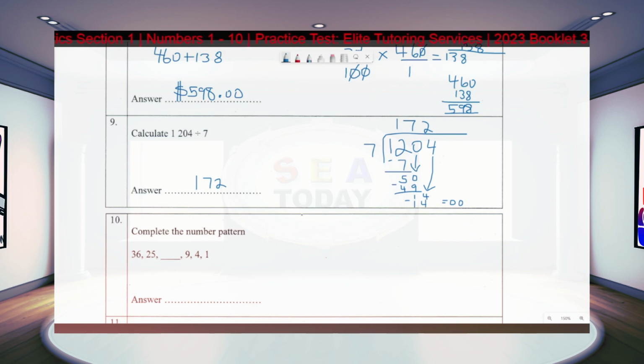And last but not least, number 10 for today, complete the number pattern. 36, 25, 9, 4, 1. So we can check to see how the numbers are increasing or decreasing by. Here we have decreasing values, and if we start off with the 36, we realize if we subtract 11 we get 25, but we don't have much information to see anything coming after that.